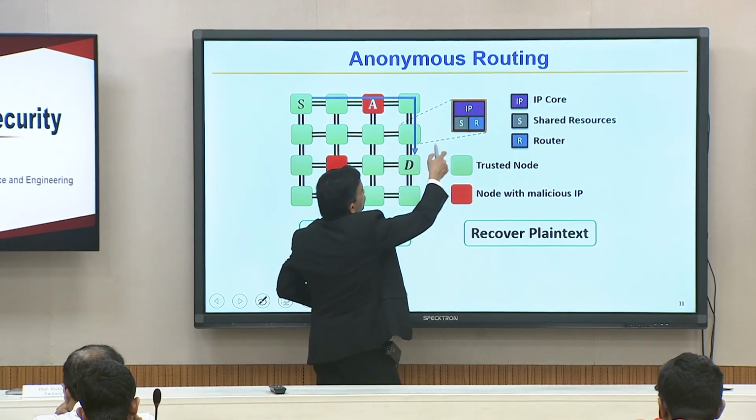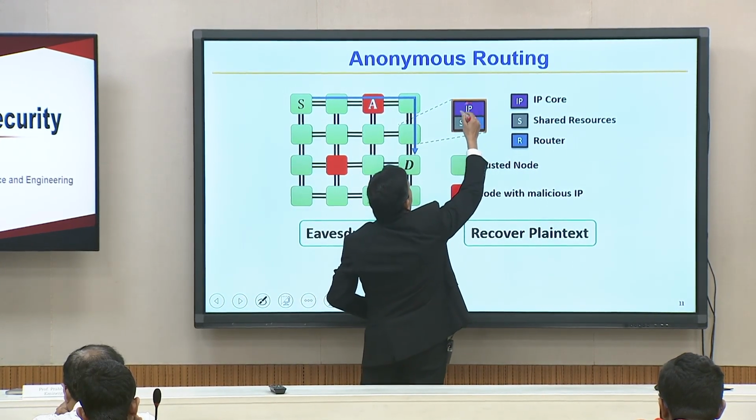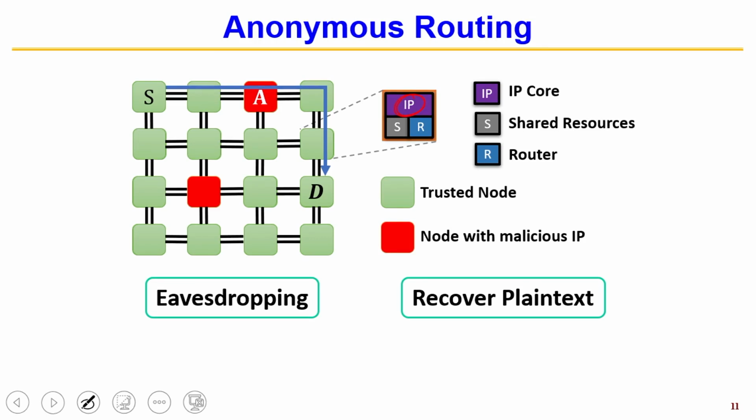Remember, each of the nodes I zoomed in on has 3 parts. One part is the IP itself, let us say this is the processor, the CPU. In addition to that, you have the shared resources and the router. The shared resources typically is the network, for example the network interface card.